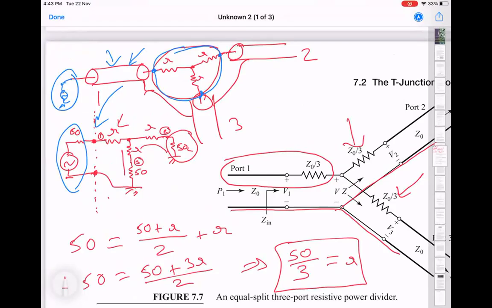So that's again easy. You can add these 2 arms in parallel and then put that, and then you know that the total current is going to be this, whatever is the voltage here, V divided by 50 plus R plus (50 plus R) over 2. That's the total current. And then you can multiply it by 50 plus R to get the voltage drops across each of these arms. And then from that, you can compute what will be the voltage here.